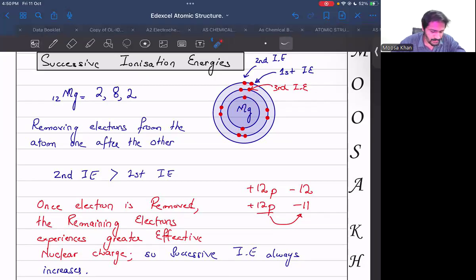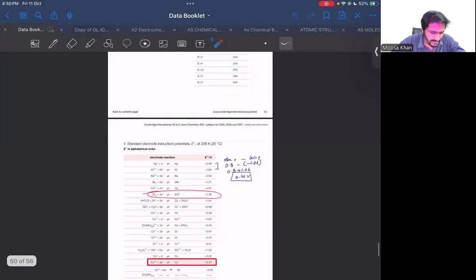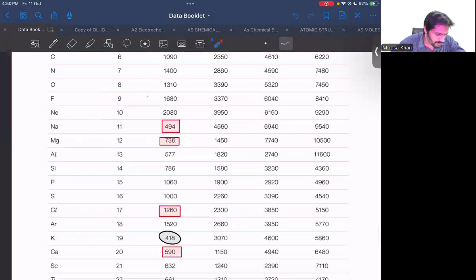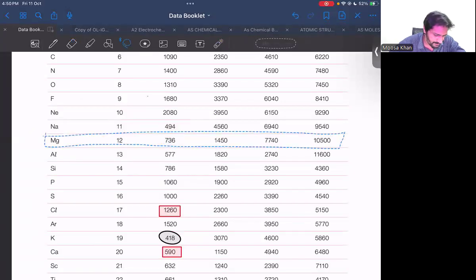Let me show you the values of successive ionization energy. It would give you a clearer picture. We're talking about magnesium. If you see the successive ionization energy values, these ionization energies are for magnesium.